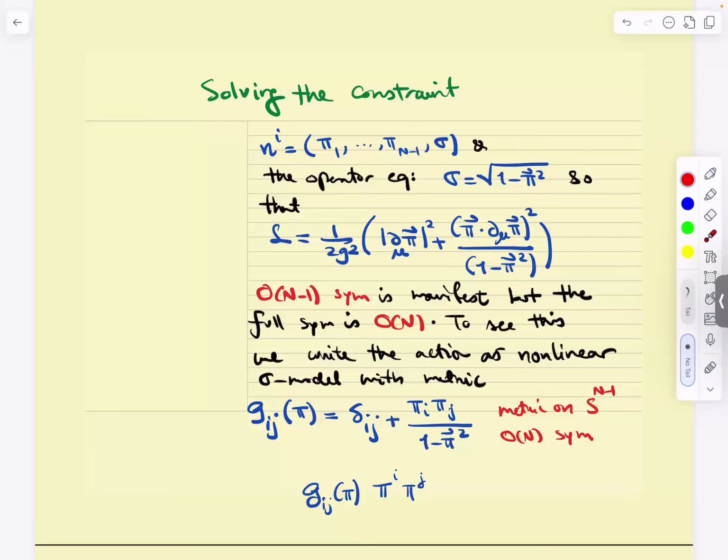Not all terms are allowed, because RG can generate anything that doesn't violate symmetries. But anything that violates the SO(N) symmetry cannot be generated under the RG. So this is an exact action you can write down, to all orders in perturbation theory.